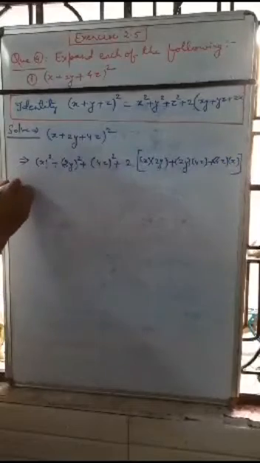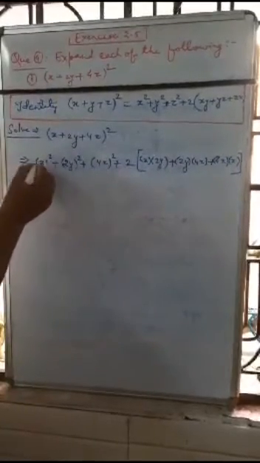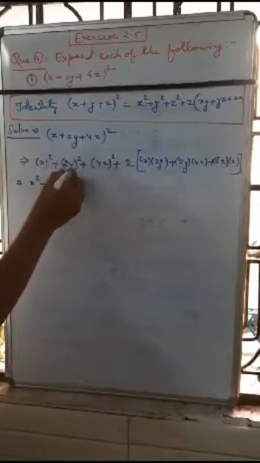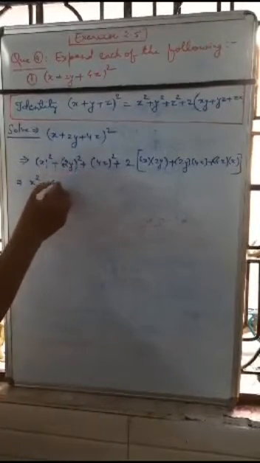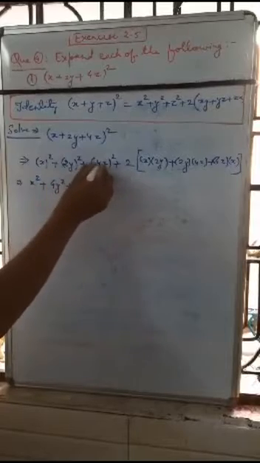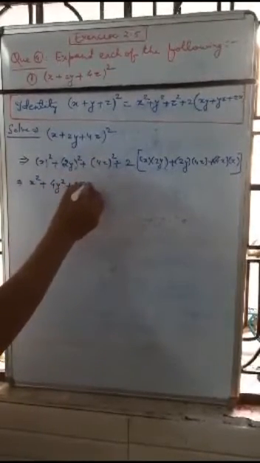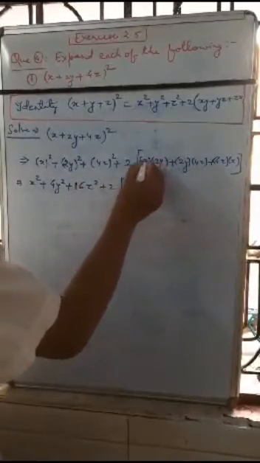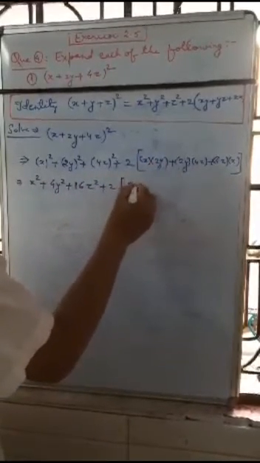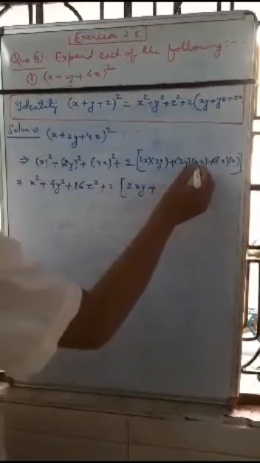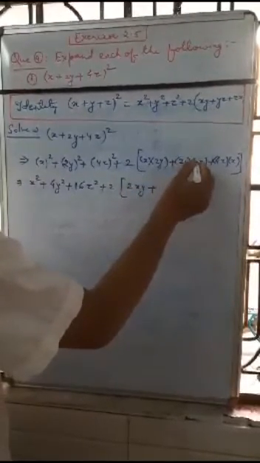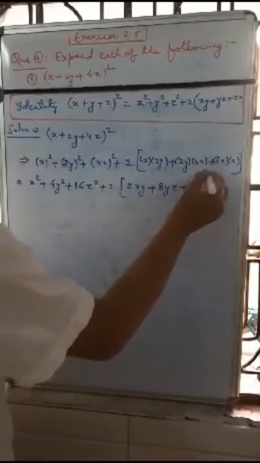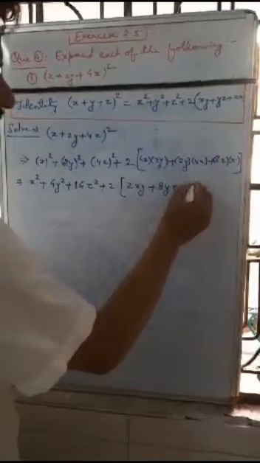Now next step, open the square: x square plus 2 2s are 4, y whole square is y square, plus 4 square is 16, then z square, plus 2 times x into 2y, so it will become 2xy, plus 4 into 2, 4 2s are 8, y into z, yz, plus 4zx.